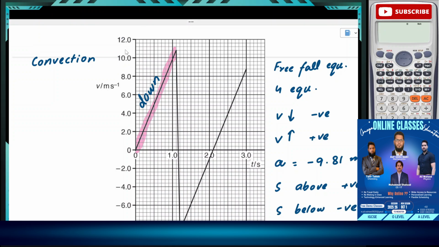But the convention for the graphs is, this is what the examiner does most of the times, 9 out of 10 times. Whatever the initial direction is, that is taken positive. Initial direction of velocity is taken positive.